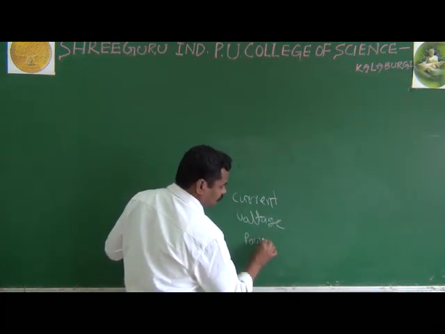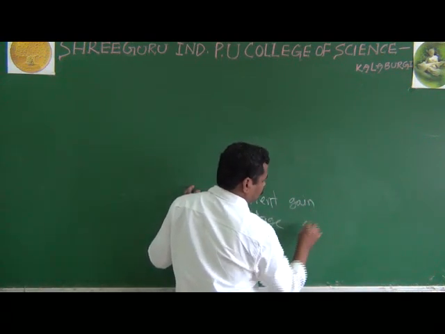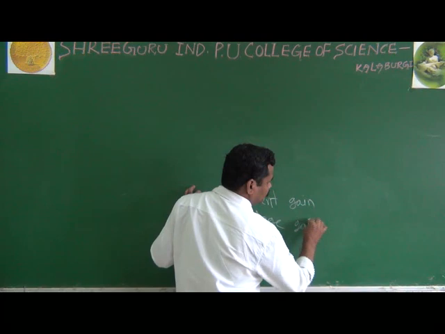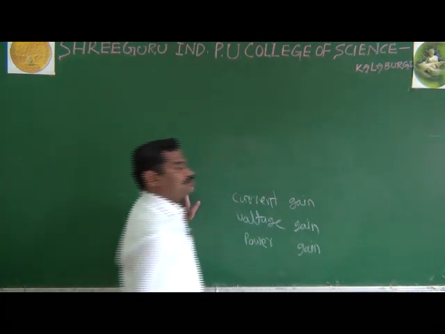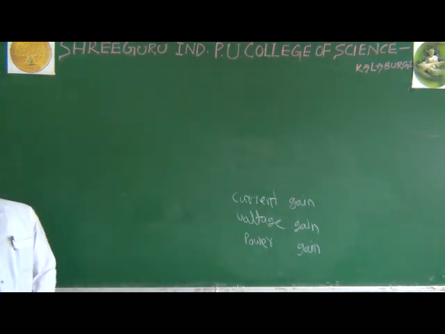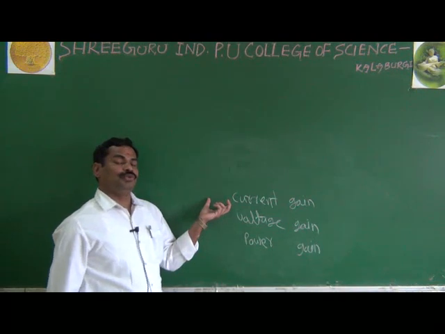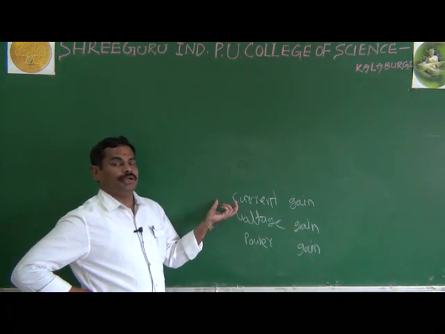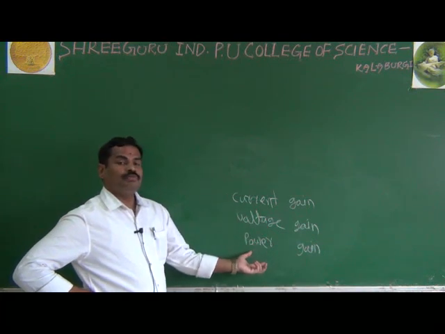That's why we prefer the common emitter rather than the common base or common collector configurations. As compared to common base and common collector, we use the common emitter configuration more because of the more current gain, more voltage gain and also more power gain.